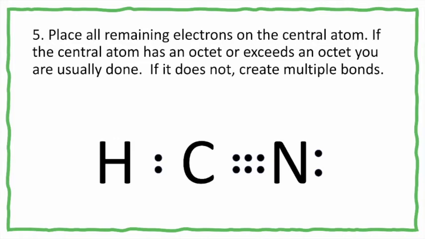Nitrogen and carbon are now sharing 6 electrons total, and this is a triple bond. Now we can see that carbon has a full octet. It has 4 valence electrons of its own, and it's sharing 1 more electron with hydrogen and 3 with nitrogen. Now we can draw our Lewis structure with dots like this, or we could also use lines like this.